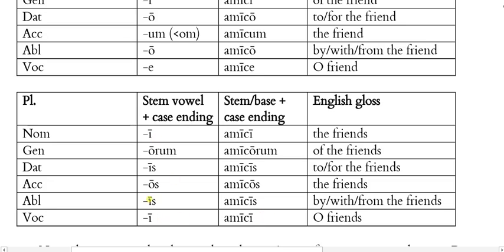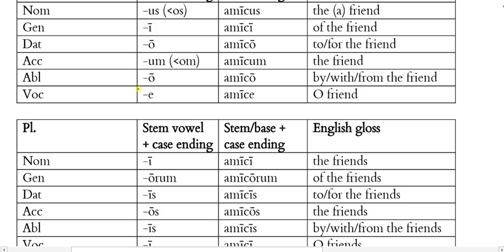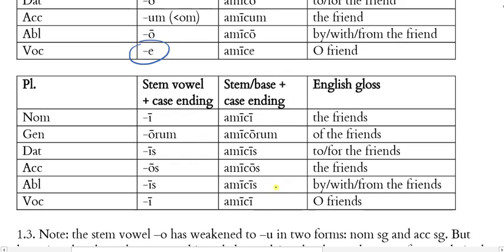Here, the nominative and the vocative are identical as they are in most other situations. We do have that difference in the singular here between us and e though. Okay, so amici, O friends.